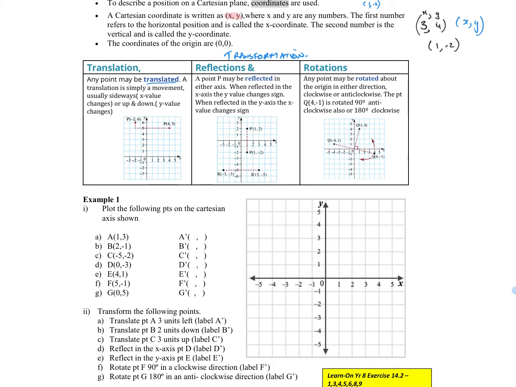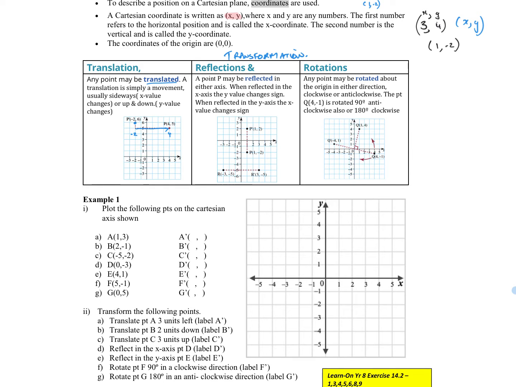So if we have a translation, it means we move left and right, up and down. We can see over here in this translation, if we start at the point (-2, -6), you can see how we travel from -2 across to +4. So we move 6 units across.